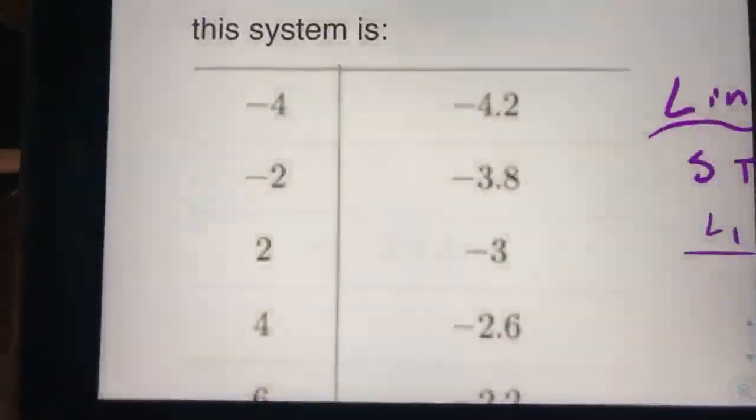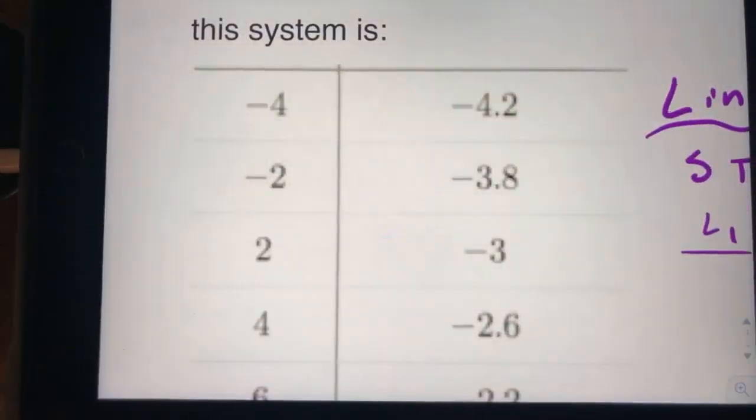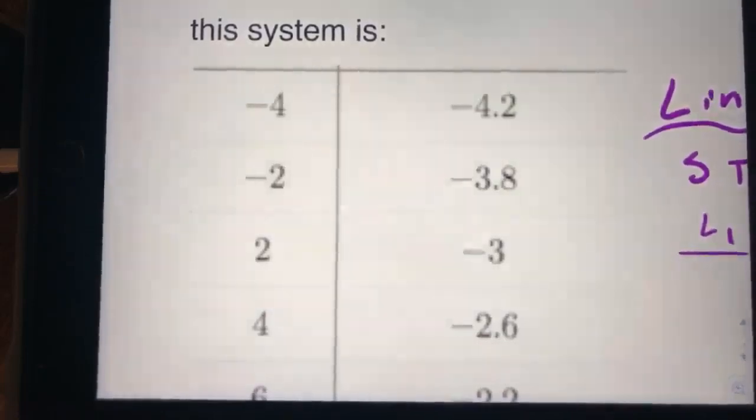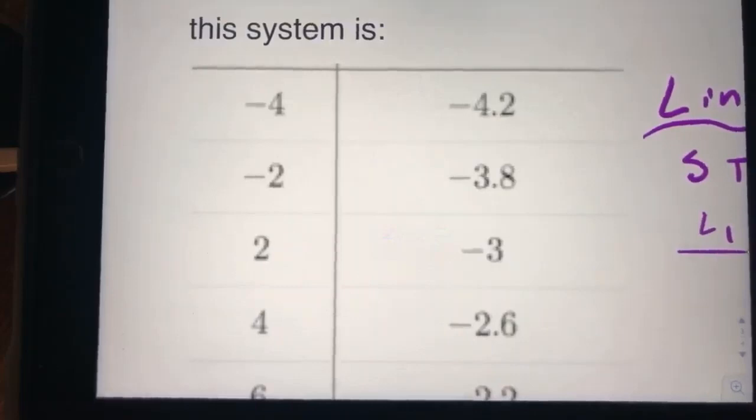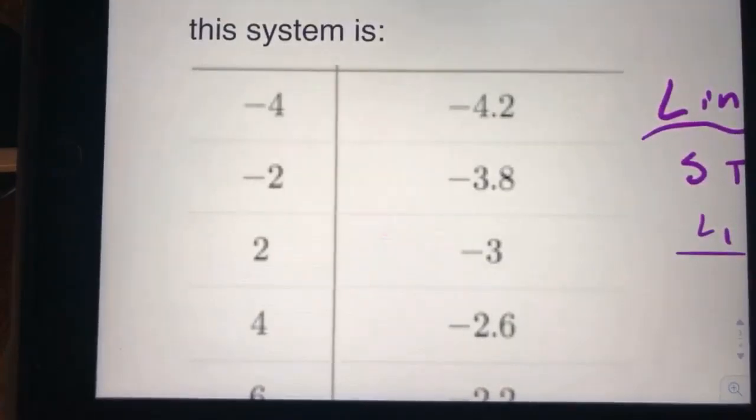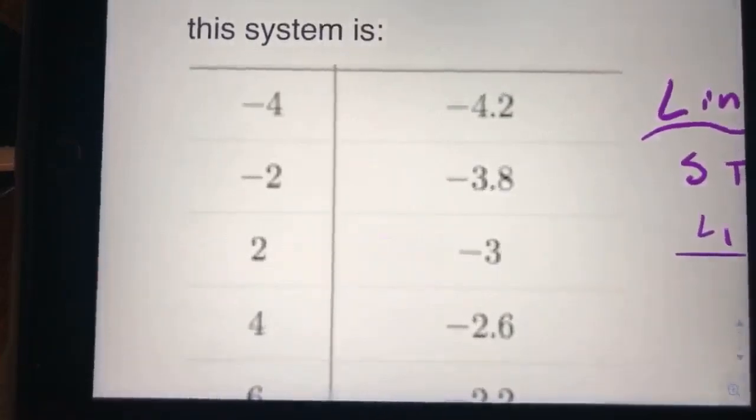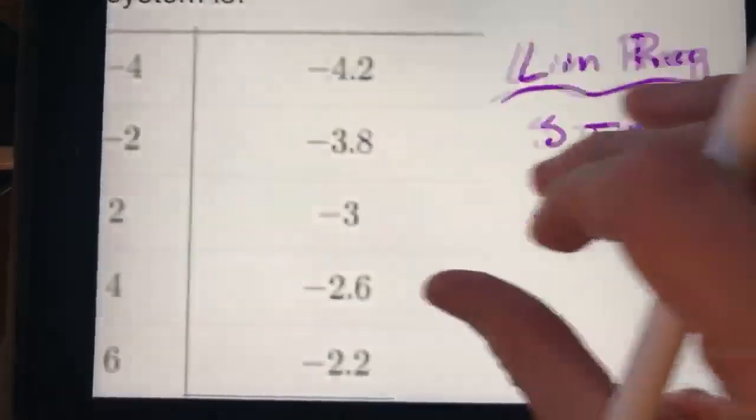And technically speaking, you only need 2 rows. So I'm going to type in -4, enter, and the second row, -2, enter. Over, -4.2, and -3.8.